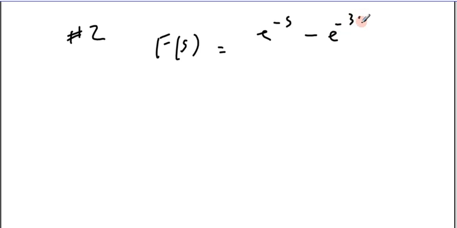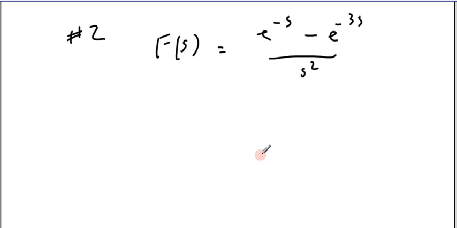Okay, look at some problems. Number 2, I have F(s) equal to e to the minus s minus e to the minus 3s over s squared. And I'm supposed to find the inverse Laplace transform of that.